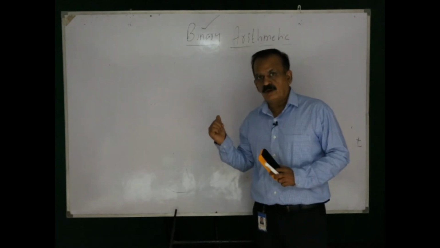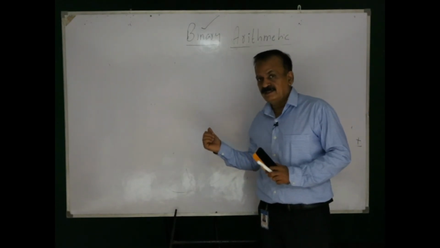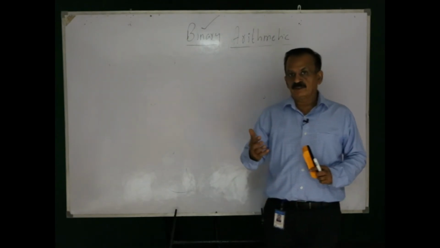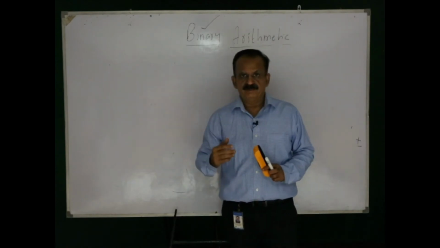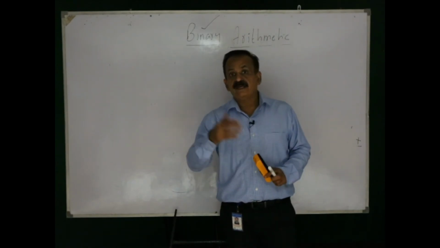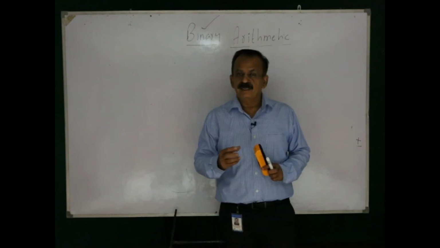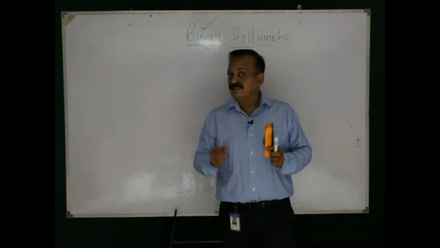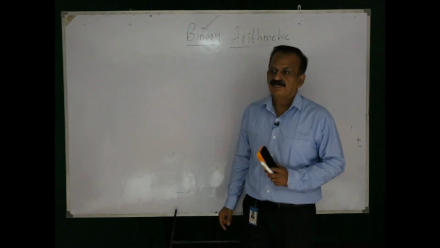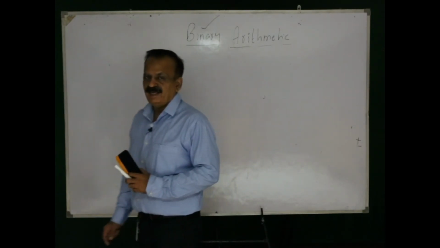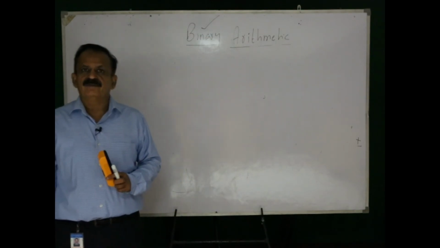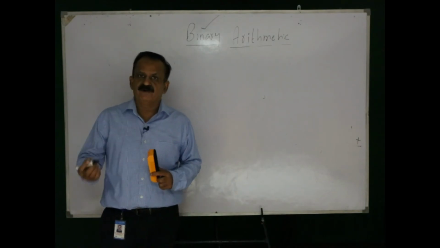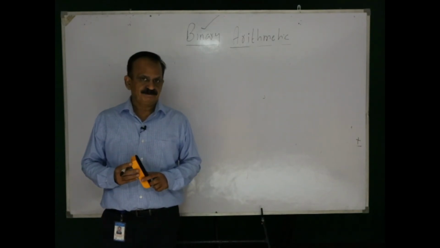In the 1's and 2's complement method, as you have seen, subtraction is performed through addition. We take 1's complement and add to the other number. We take 2's complement and add to the other number. So we are performing subtraction with the help of addition, and circuit implementation of addition is simpler as compared to that of the subtractor. That is why 1's and 2's complement methods are preferred for subtraction.